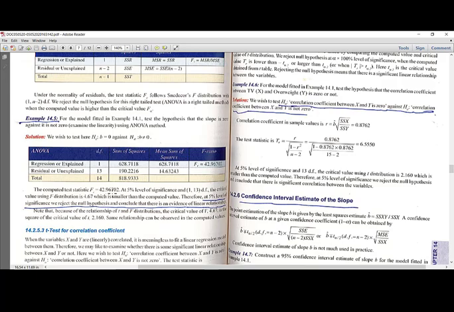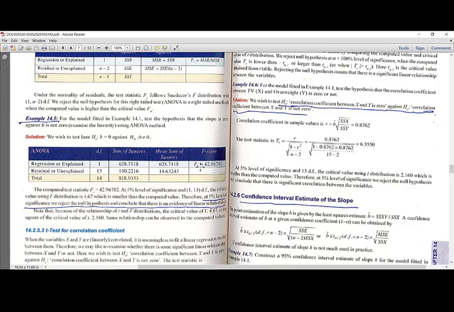Now if we see the F distribution table, the computed test statistic is 42.96702 at 5% level of significance and 1, 13 degrees of freedom. The critical value using the F distribution can be found as 4.67, which is smaller than the computed value.